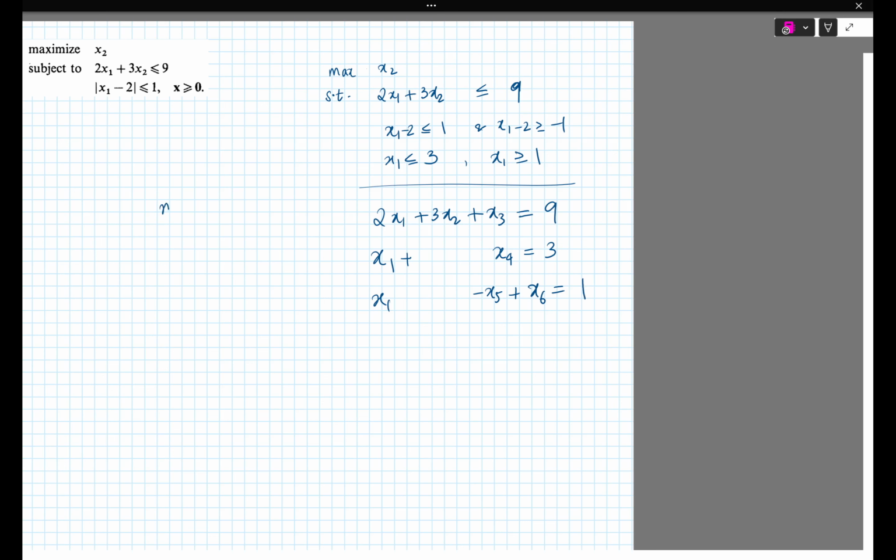Your objective will have x2 minus 5x6, with M times. Why am I saying 5? This M is some very, very big value, so that it forces this x6 to become 0.